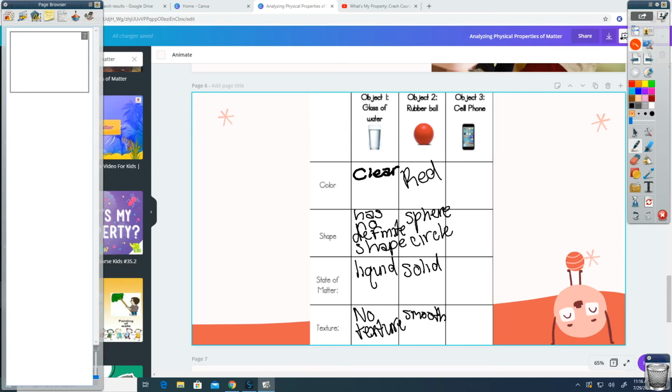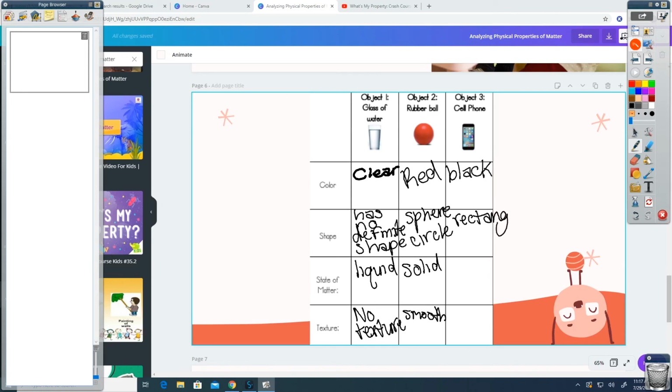All right, let's move on to a cell phone. Everyone loves their cell phones. Well, the color of this phone, it's an iPhone, looks like, and I would say that it's black. Its shape, it is shaped like a rectangle.